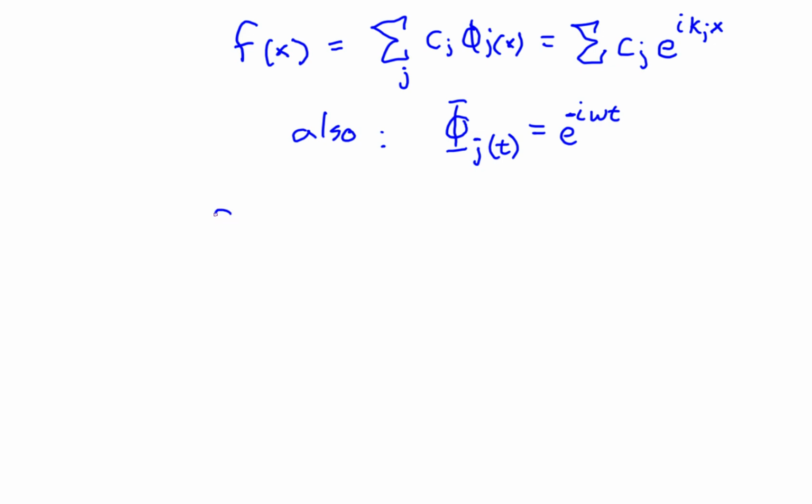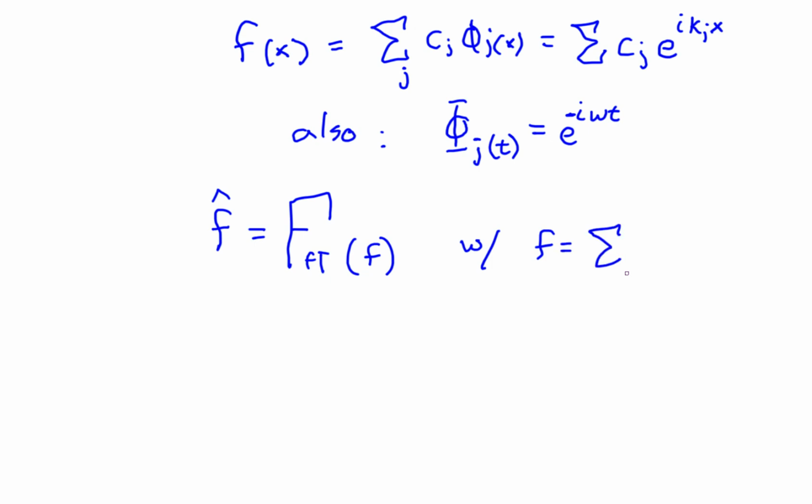I'm going to call this f hat, the Fourier transform of f, with f being given by the sum of the weighted coefficients with e to the i kx minus i omega t.